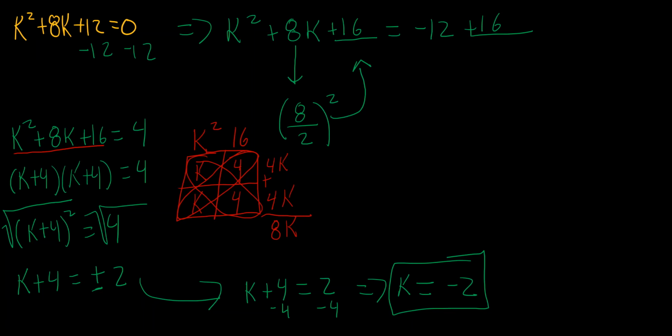But what if it was minus 2? Right, so we have k plus 4 equals minus 2. Then we have to subtract 4 from both sides, and we get k is equal to negative 6. So our two solutions are negative 2 and negative 6.